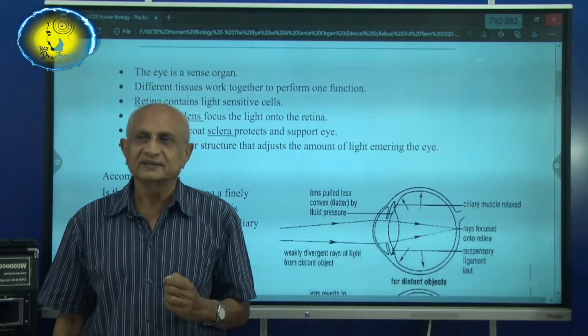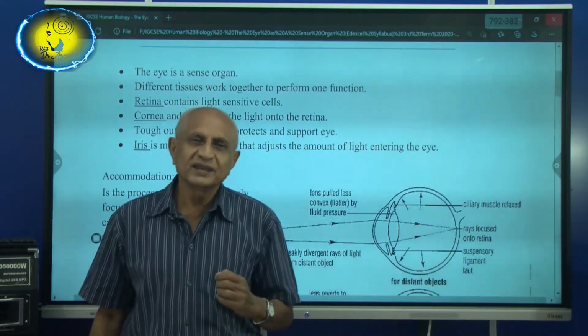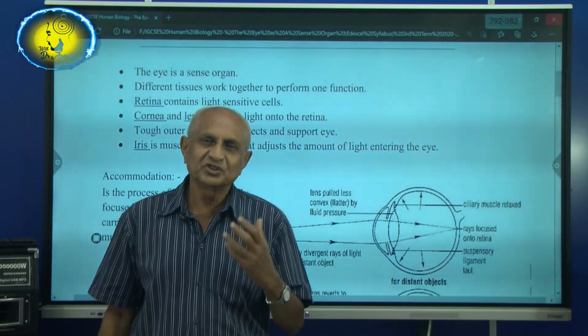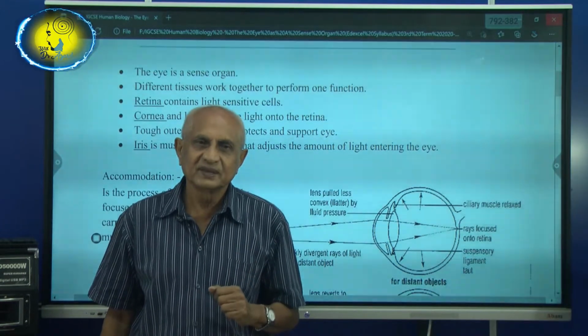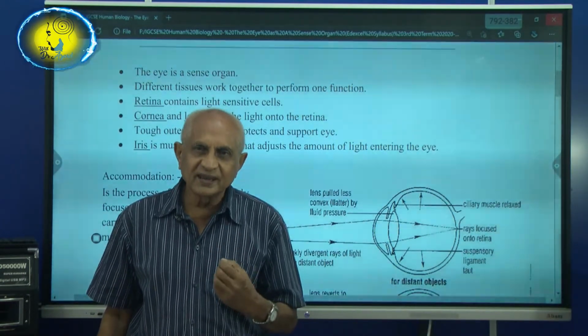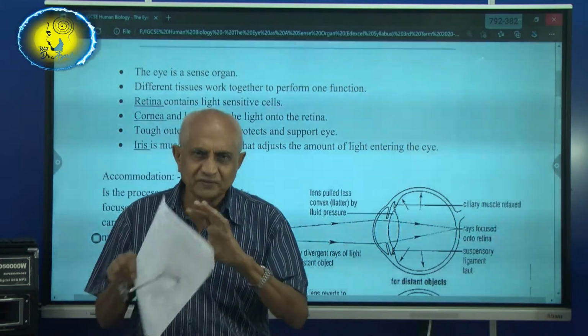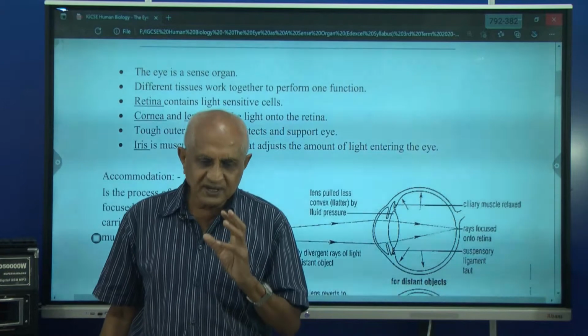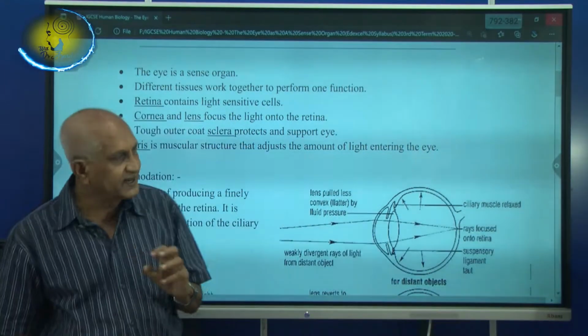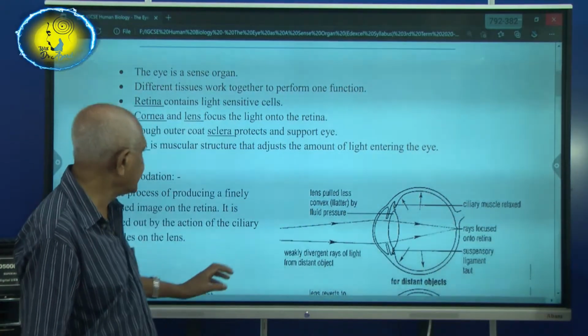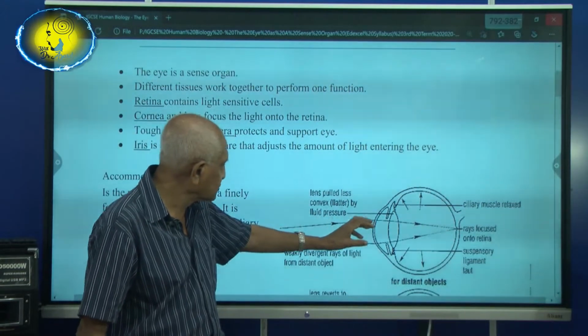Now just imagine, you are walking into a cinema from outside, where there is a lot of bright light. Now what happens? Your iris has made this aperture small.